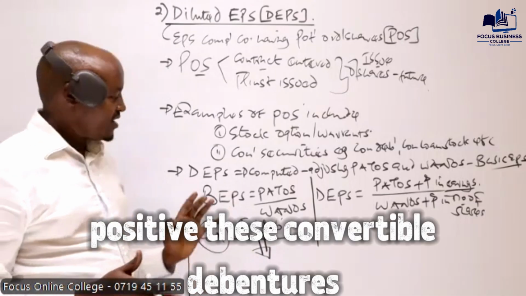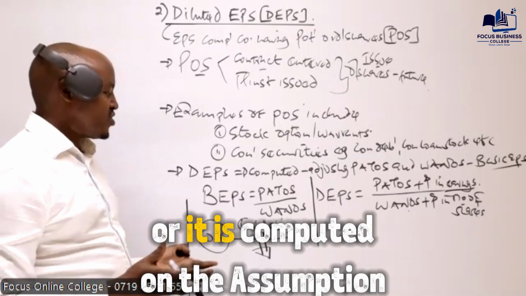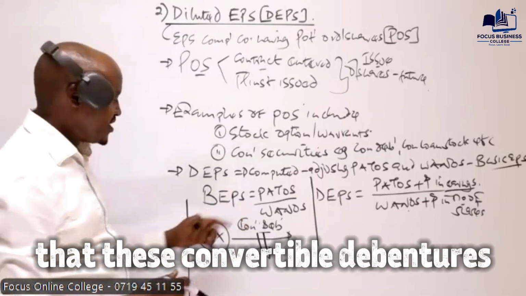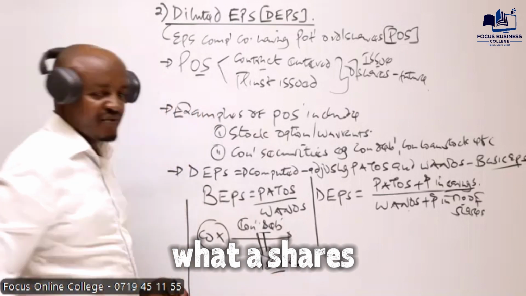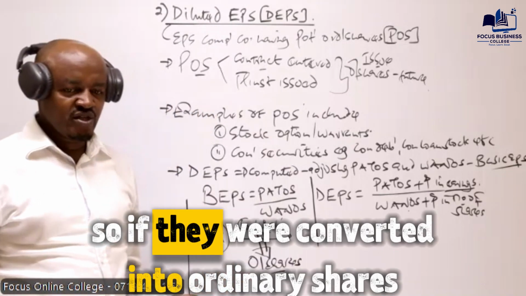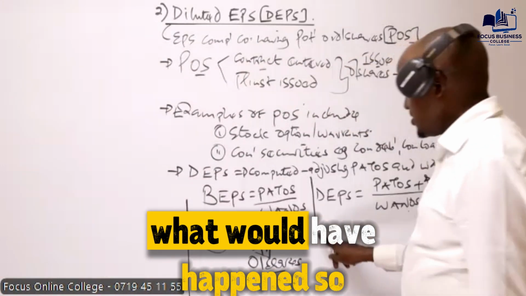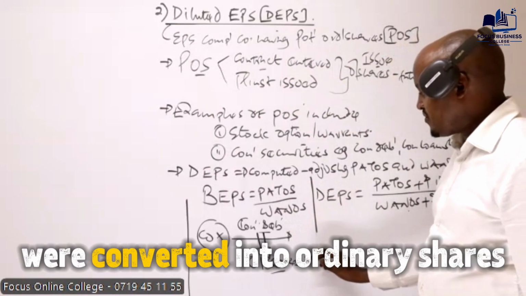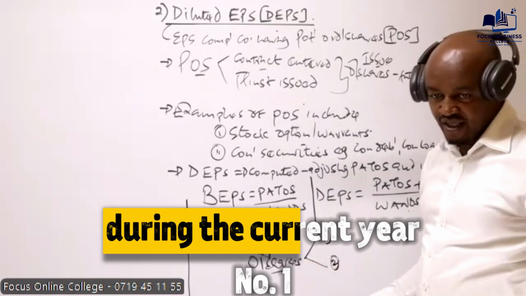What if these convertible debentures were converted into ordinary shares? If they were converted, then we ask ourselves, what would have happened? Two things would have happened during the current year.